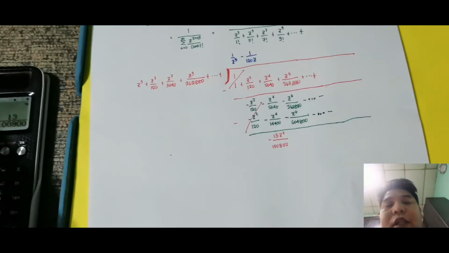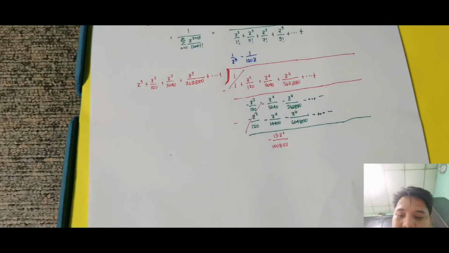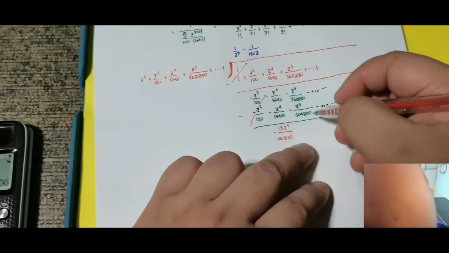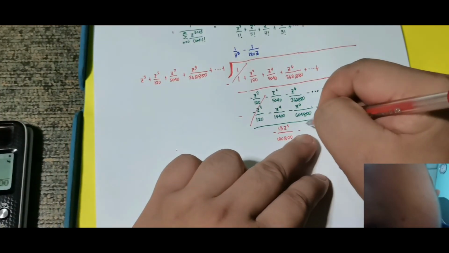Next, ito naman is just add, no, negative 1 over 362,880 plus 1 over 604,800. That is negative 1 over 907,200. So that is negative z to the 6 pa rin.